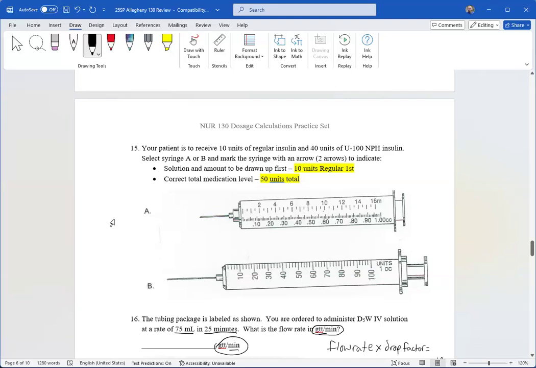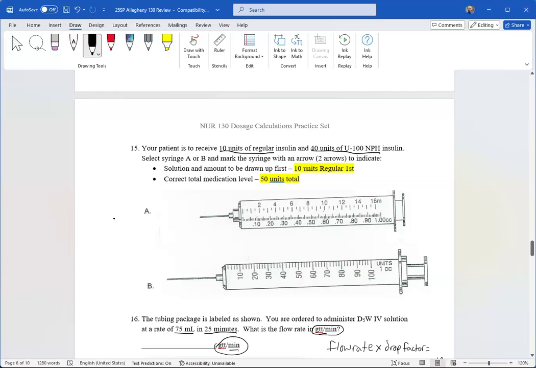It says that we're supposed to mark a syringe, but we want to mark a syringe in a very specific way for our dosage calc test. So it tells us that we have 10 units of regular insulin and then 40 units of NPH. And we want to indicate that on our paper here.